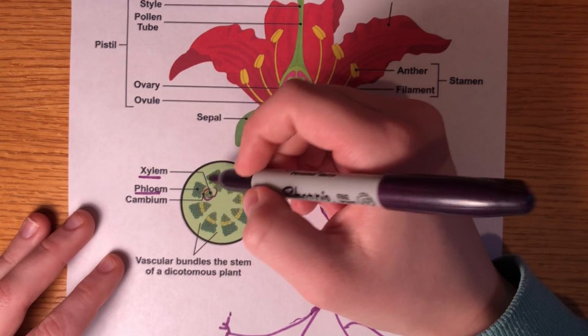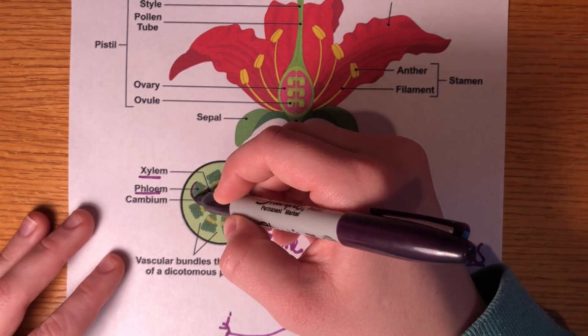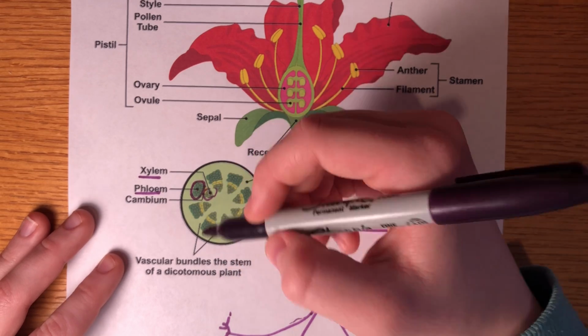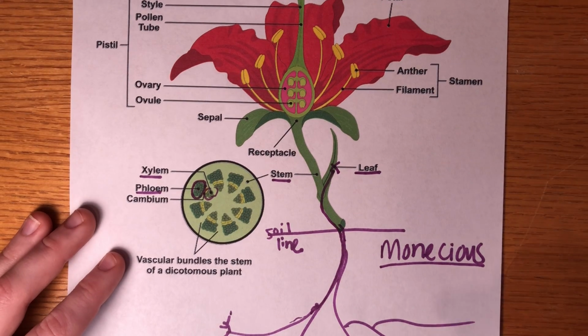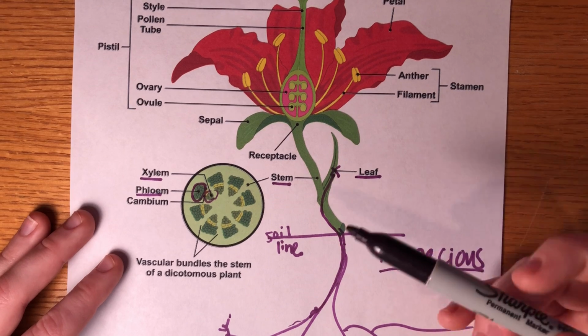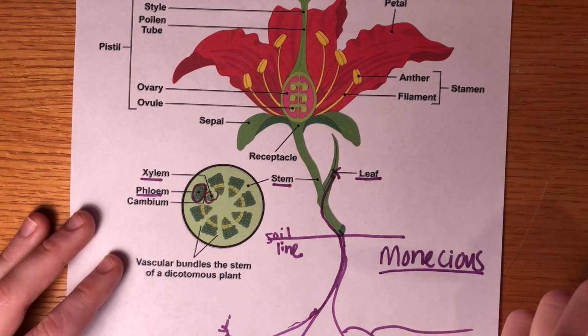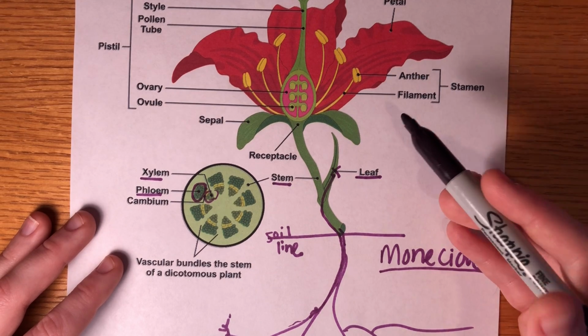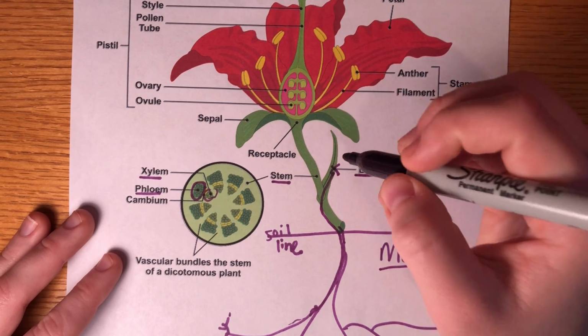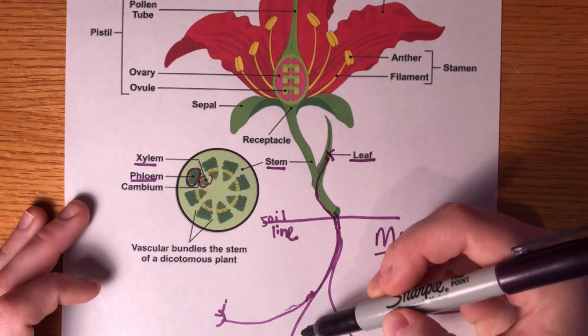But then, like I also mentioned, we also have a phloem, which is right here. The phloem is responsible for transporting food produced from photosynthesis from the leaves to the non-photosynthesizing parts of the plant, such as the roots and the stems. Obviously we're producing food up here, but we need to get that down here.